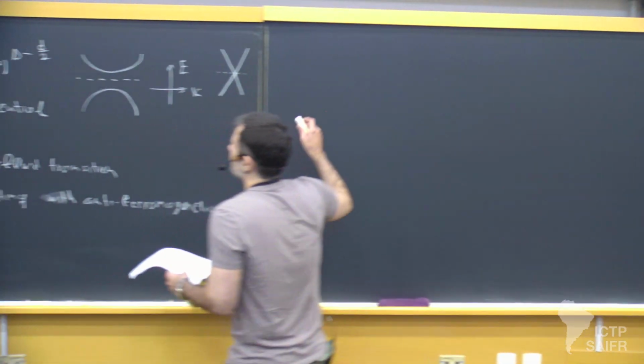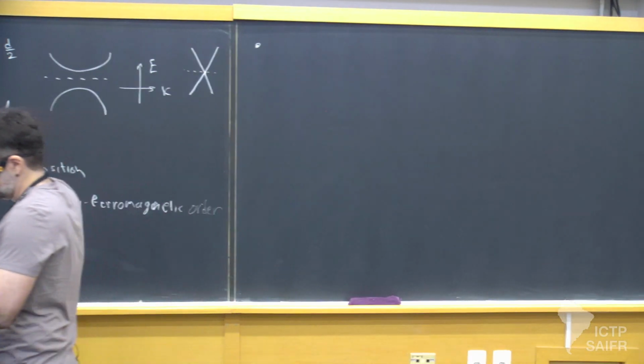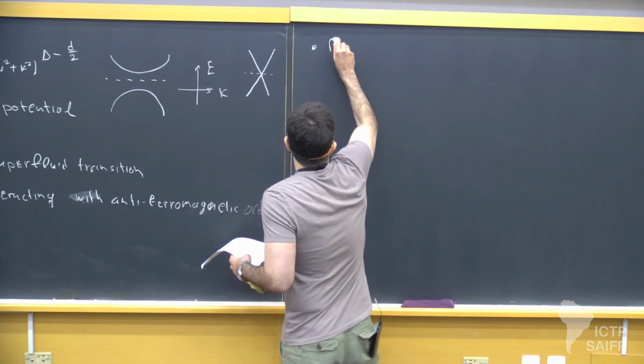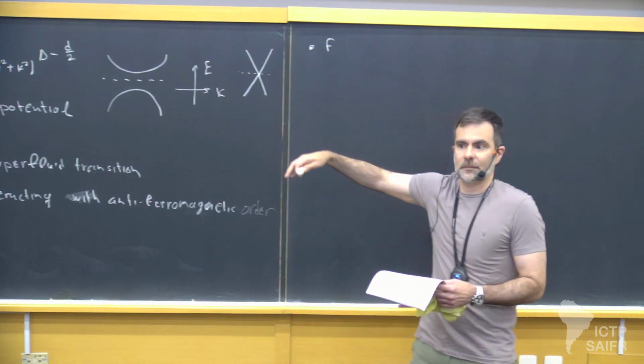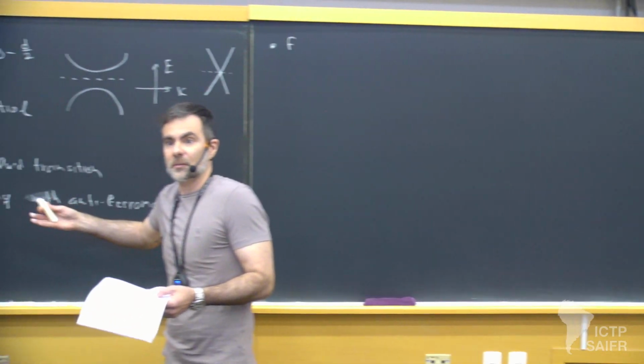Now, good. Now, I want to tell you about an example which has z greater than 1. And you might expect, so all these examples have zero chemical potential. Okay, so there is no net charge density in the system.